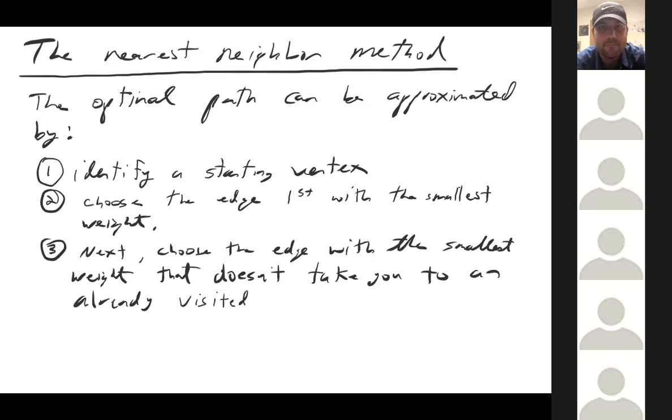You can't go back to the same vertex twice. So let's say you choose a smallest edge and it takes you back, well, then you choose the next smallest edge if you have 2 choices, because a lot of times in these graphs you're going to have 2 or 3 choices of which edge you take.